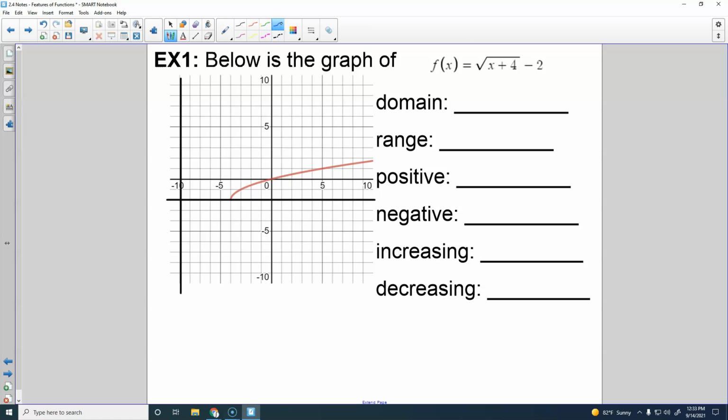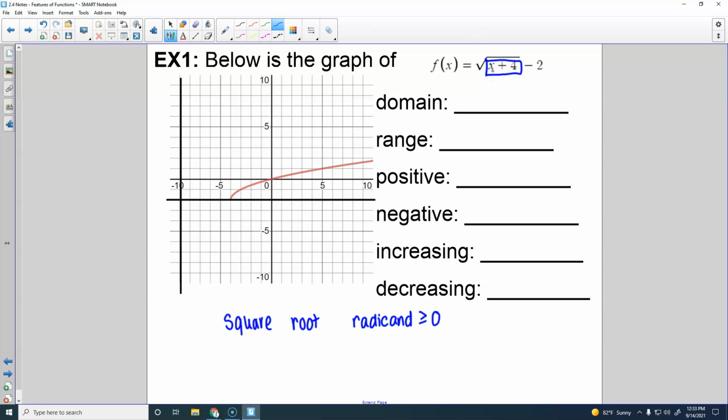So when we talk about domain for a square root, even if we did not have the graph, the radicand must be greater than or equal to 0. The radicand is whatever fancy thing you've got underneath your square root.